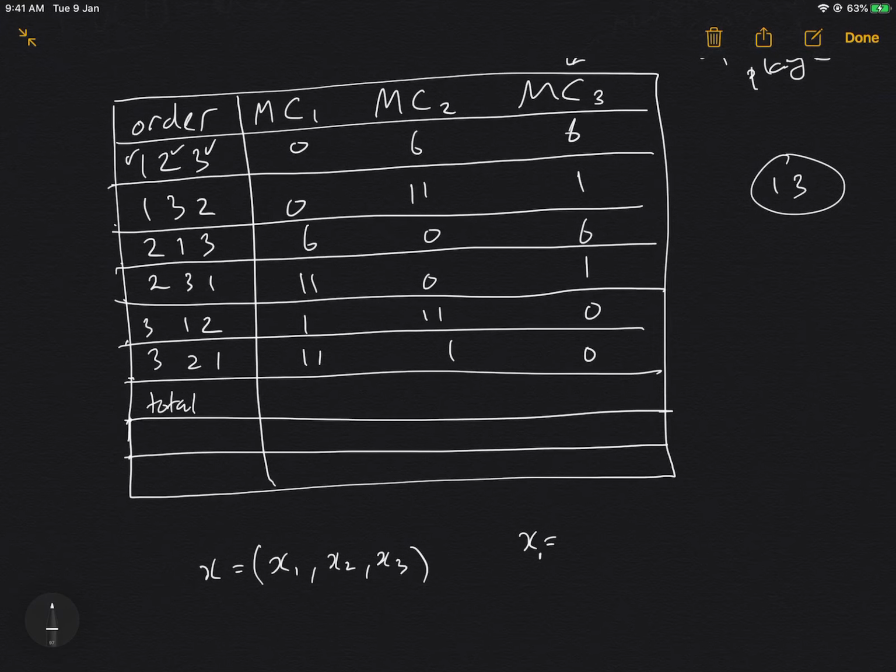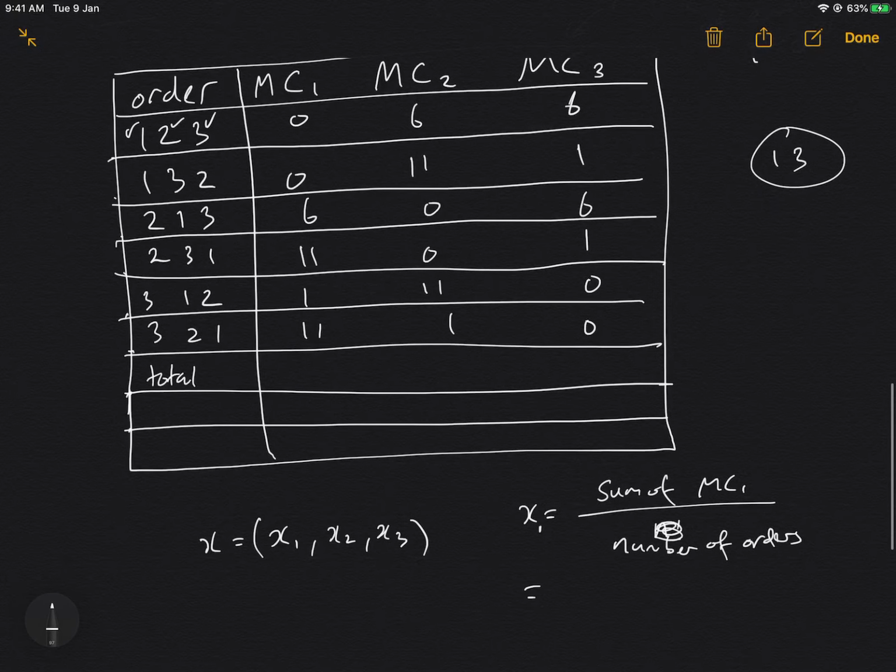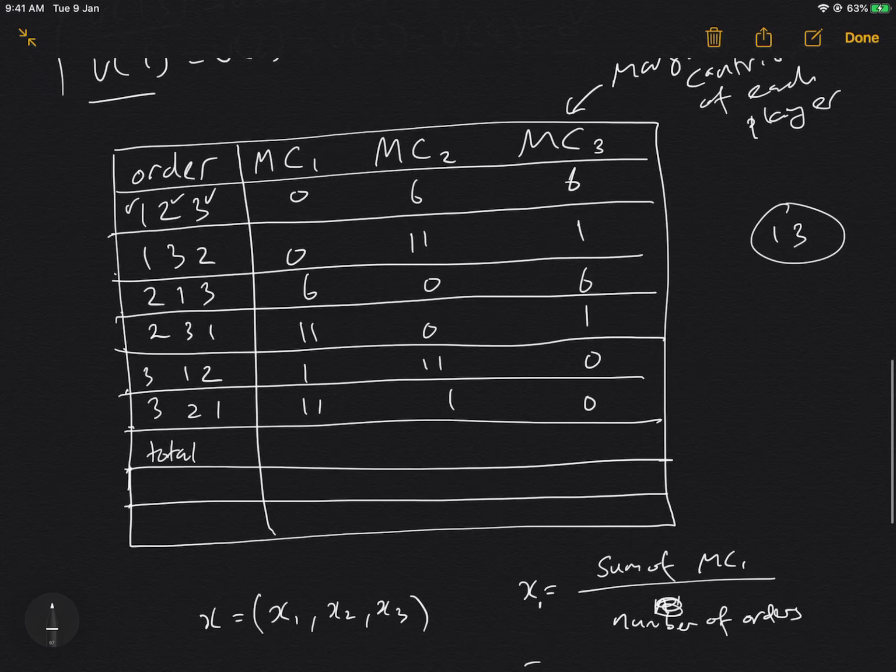So x1 is the sum of MC1 over the number of orders. So what does that mean? Well, we can see that in these 6 orders, player 1 contributed 0 in the first order, 0 in the second order, 6 in the third order, 11 in the fourth order, 1 for the fifth order, and 11 for the sixth order.